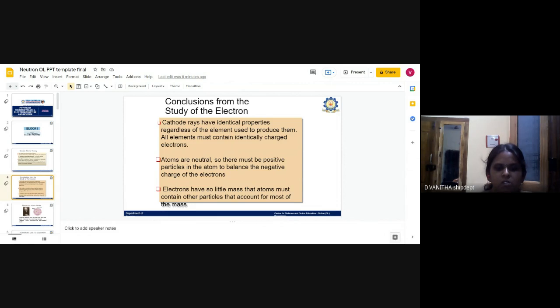Electrons have little mass, so the atom must contain another particle that holds most of the mass, and electrons occupy only a small space. So most of the mass is occupied by the positive particles.